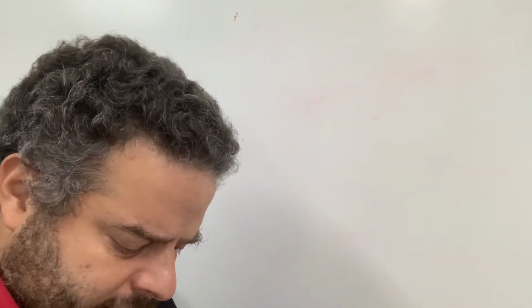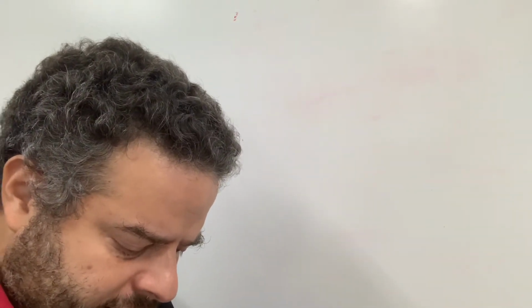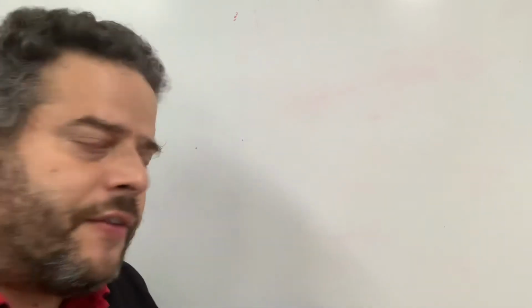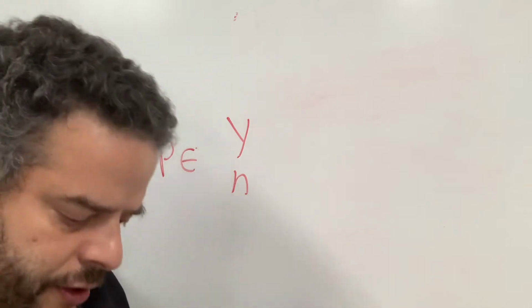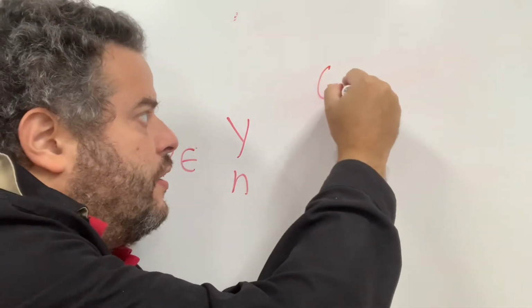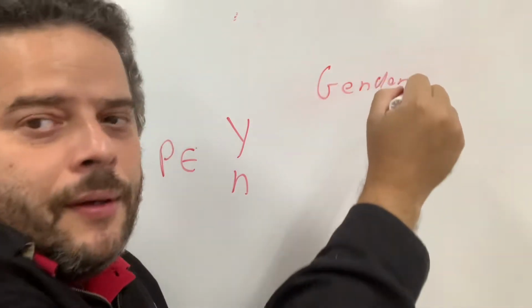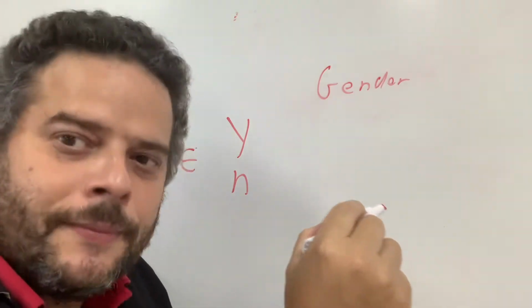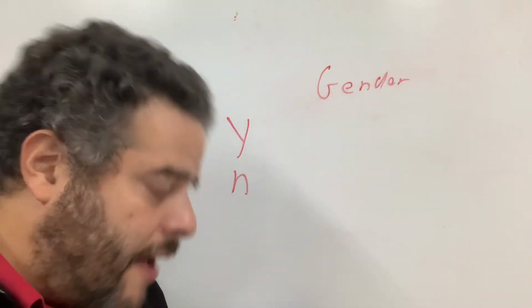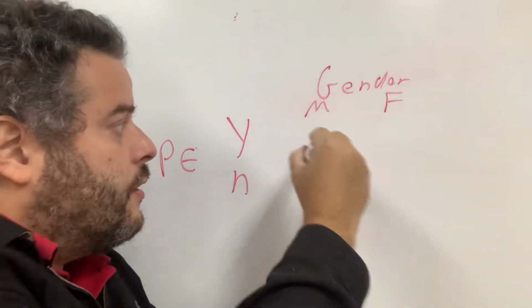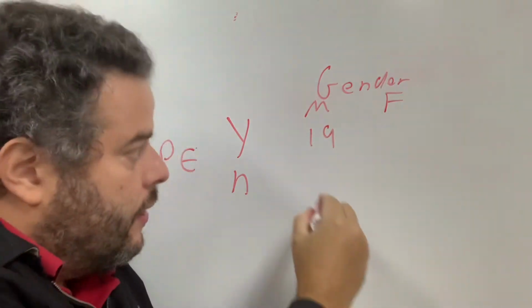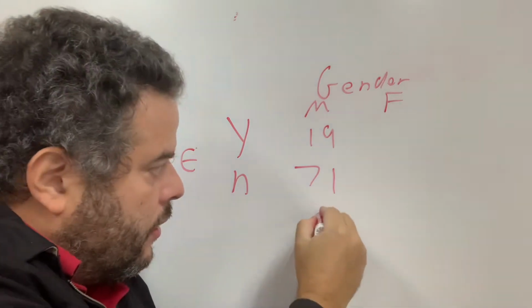Now, let's go, for example, to the exercise that they give us, and they say, pierced ears. Let's actually copy it. This is pierced ear, yes or no, and this is gender, assuming binary gender. Don't kill me. We have male and female. Let's go, 1971, 90.